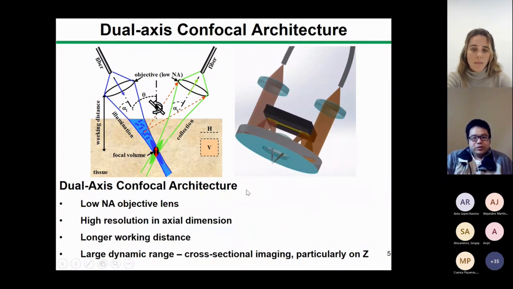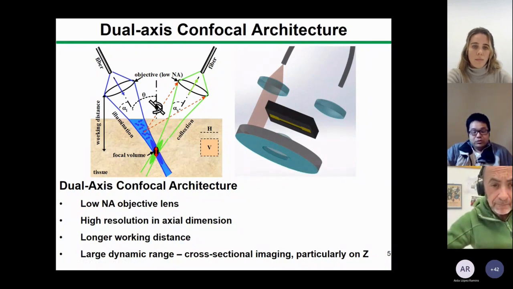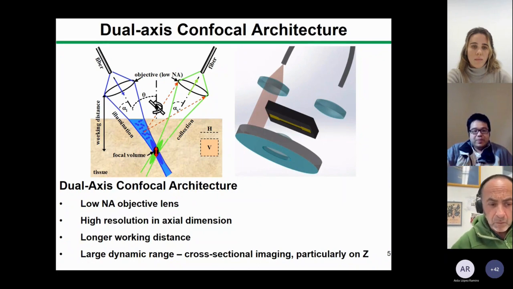For illumination we use one arm, and another collection arm off axis, with the MEMS scanner in the middle, which is the post-objective scanning mechanism. Nowadays, people use this kind of 90-degree architecture to perform light sheet microscope imaging with a camera, and we're doing the same thing based on a similar architecture.